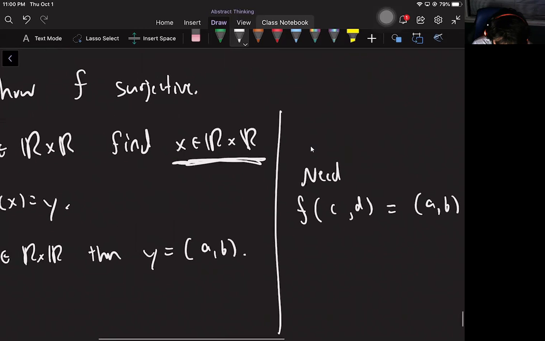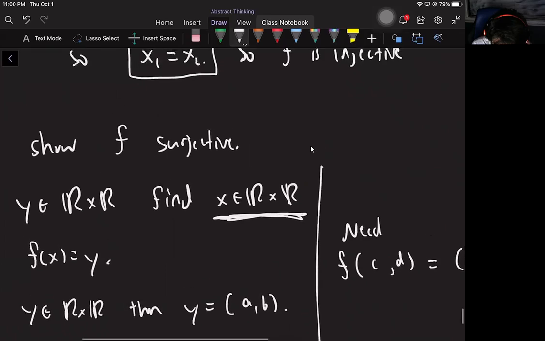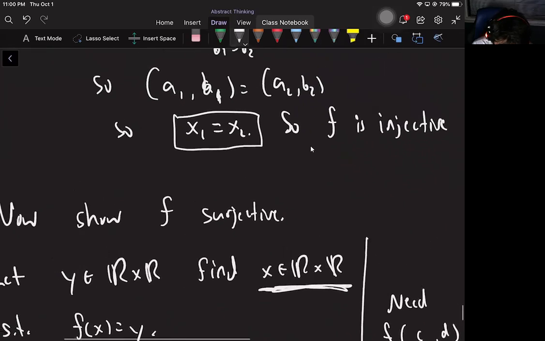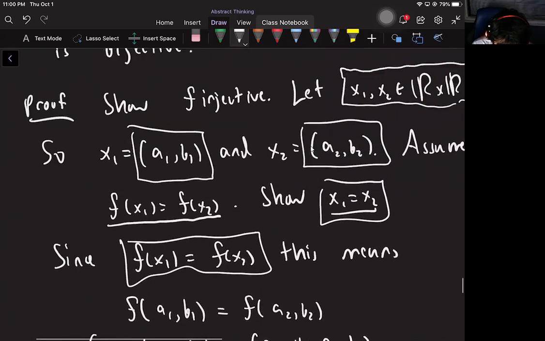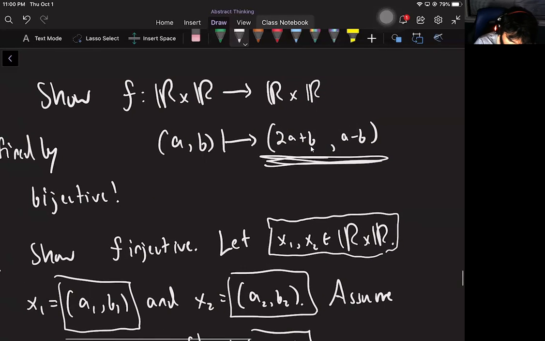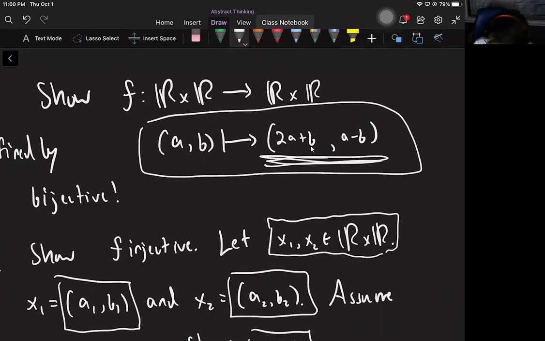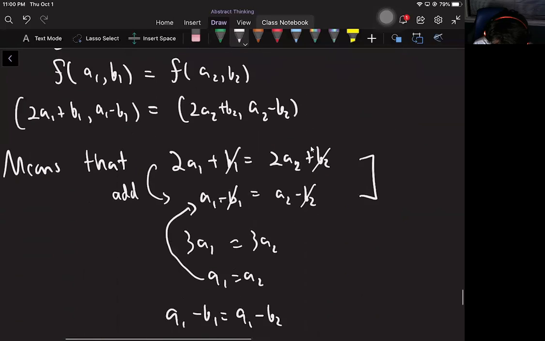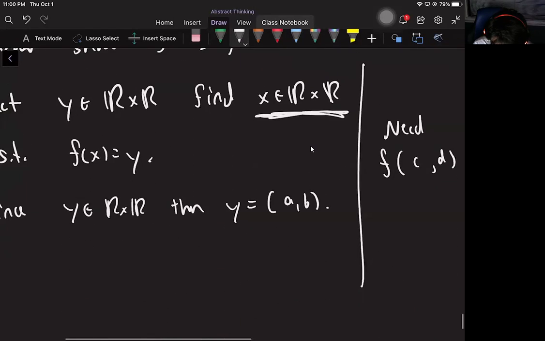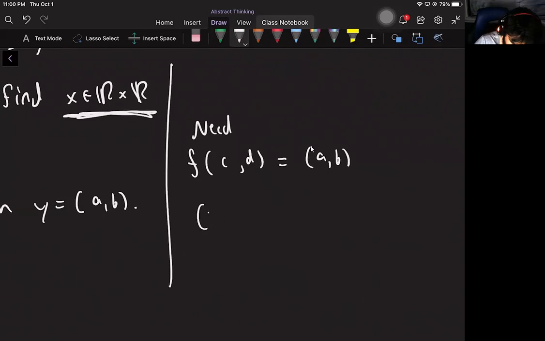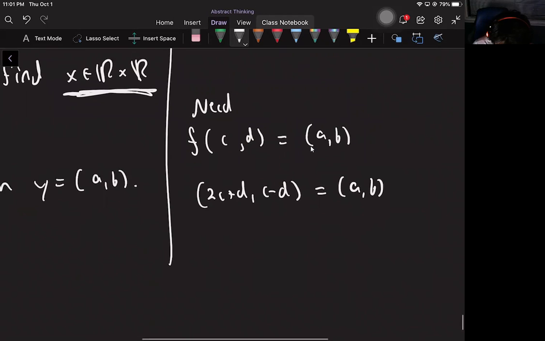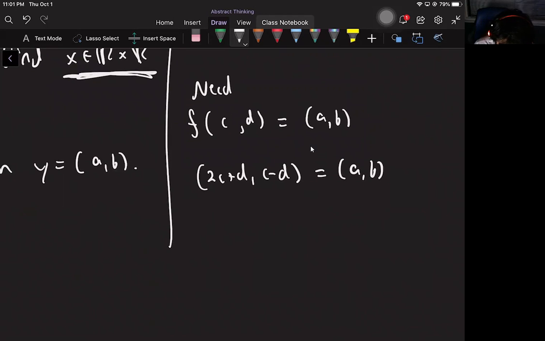Then I'll be sneaky and pretend c and d are correct, and use the definition of the function way up here to figure out what they should be afterwards. So 2a plus b, a minus b, equals 2c plus d, comma, c minus d. I'm really trying to figure out what c and d are in terms of a and b.